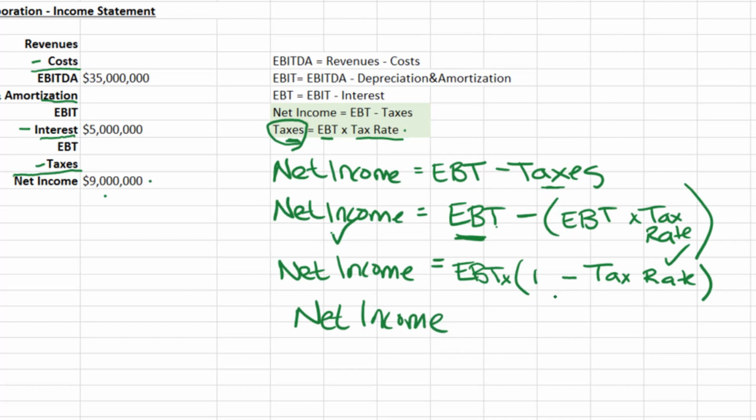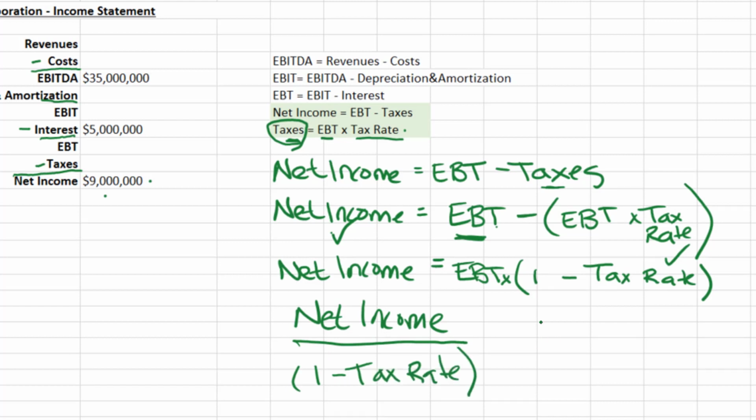I can do that by moving it to the other side of the equal sign. Remember, whenever we move something to the other side of the equal sign, we do the opposite operation. So if it's multiplied on this side, we divide on the other side. Here it's times 1 minus the tax rate, so when I move it over here, it's going to be divided by 1 minus the tax rate.